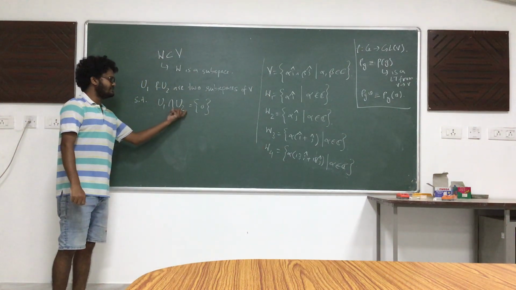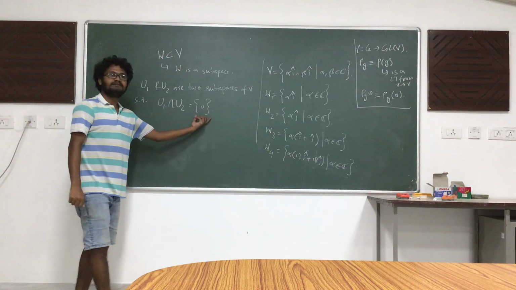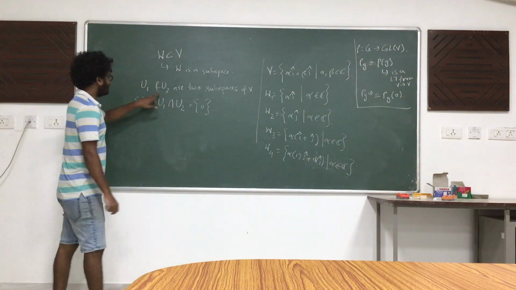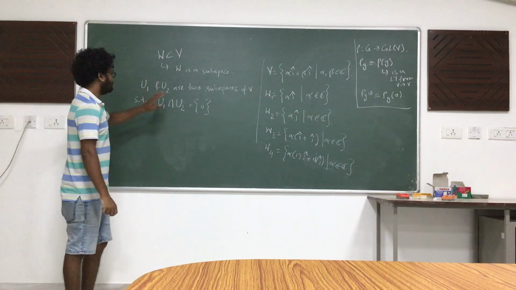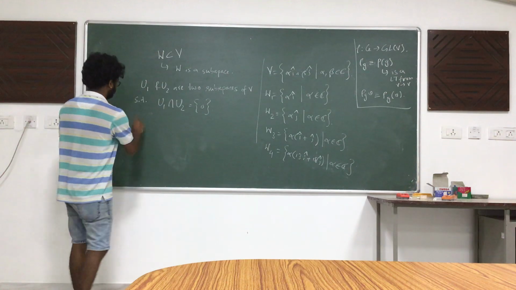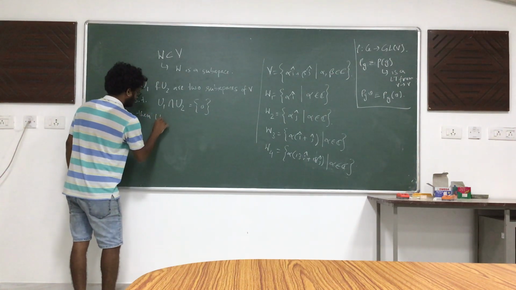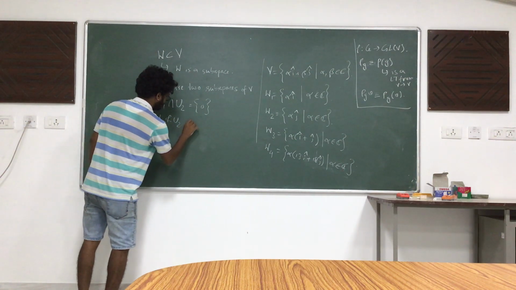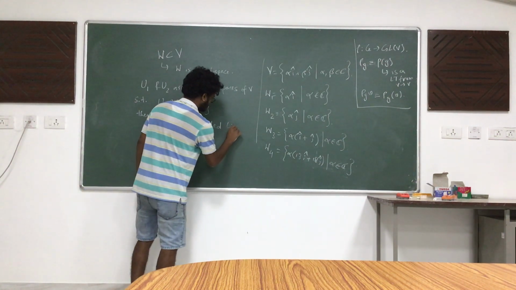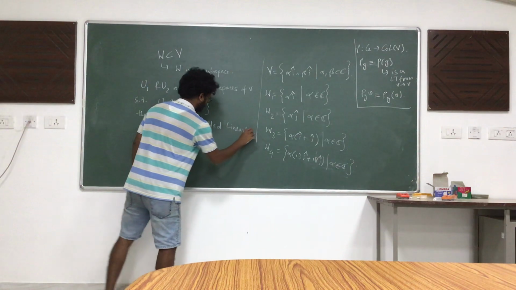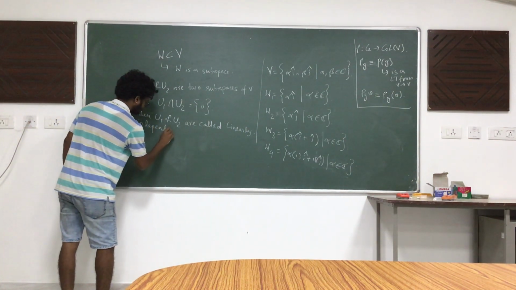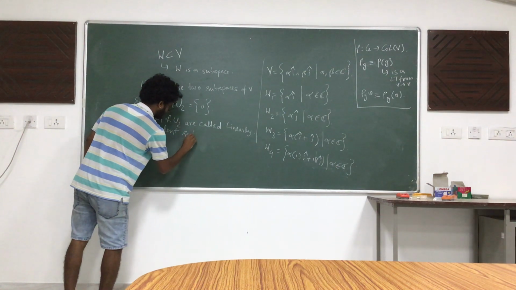Then U1 and U2 are called mutually linearly independent subspaces.